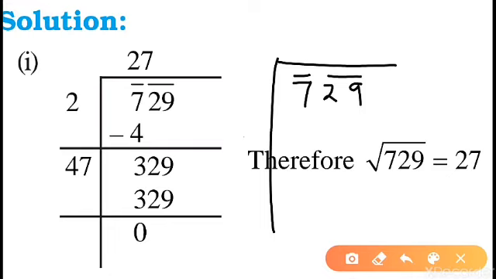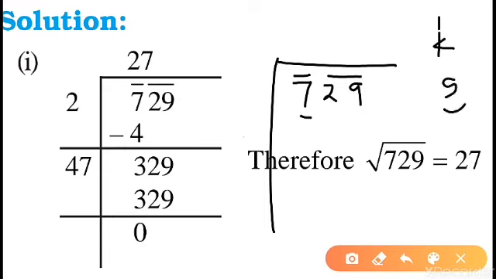Now we take this 7, and we subtract a square number from it. The first square number is 1, the second is 4, the third is 9.